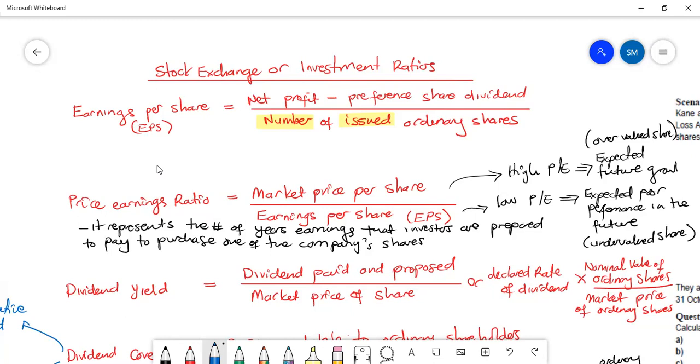So usually a higher earnings per share indicates greater value because investors will pay more for a company's share if they think that the company has higher profits relative to its share price. Okay, so we're just saying usually a higher earnings per share just indicates greater value because investors will probably pay more for a company's share if they think that the company has probably higher profits relative to its share price.